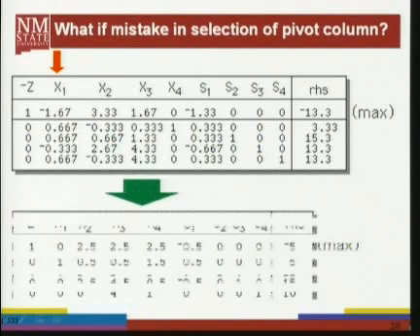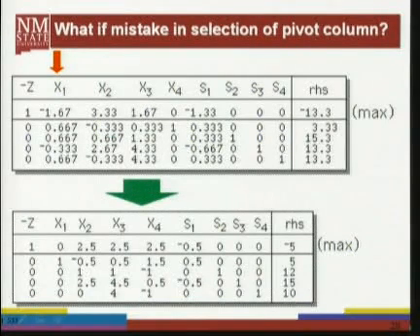Then in the next iteration, the objective is worse, not better. The table on the bottom of this screen tells the z value equals 5, so it has been decreased from 13.3 to 5, which means the objective is worse.